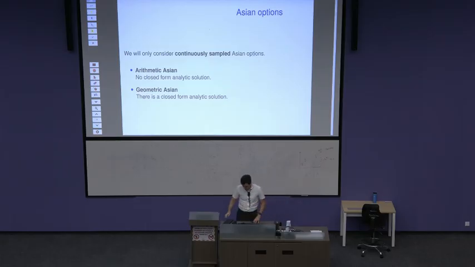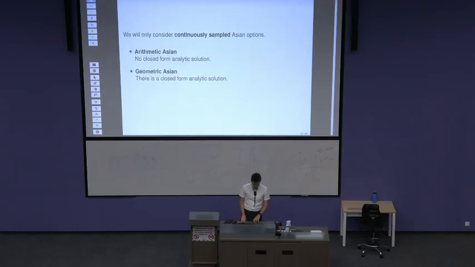So as you will see, the arithmetic Asian option case, so the one where we just take the integral over the asset prices, is more difficult to treat. And the reason, again, is because asset prices itself are not so nice as compared to log asset prices. They are nicer, and therefore we can find a solution for a geometric Asian option case.